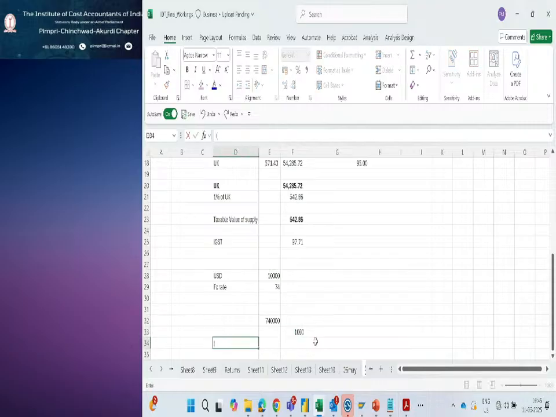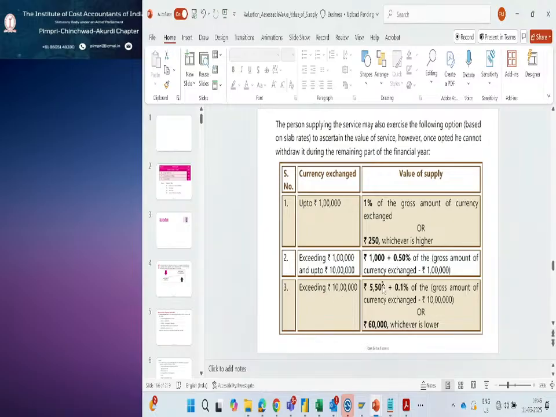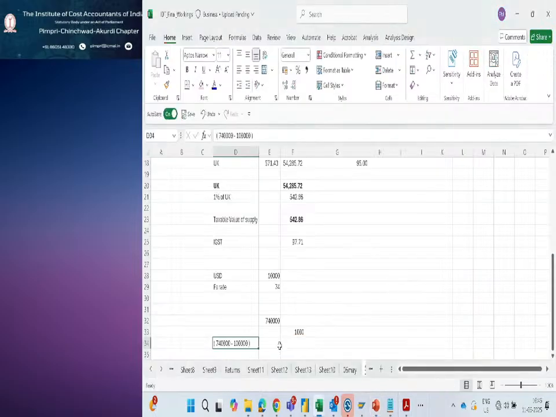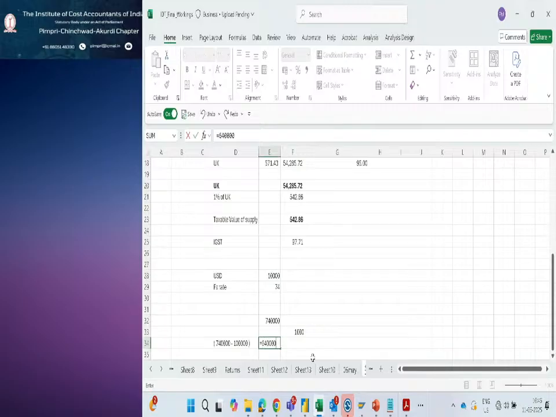And again, how do we need to calculate? 7,40,000 minus 1 lakh. So it is there in the slab. The gross amount of currency exchanged minus 1 lakh is 6,40,000. So 6,40,000 into 0.5 percent comes to 3,200.